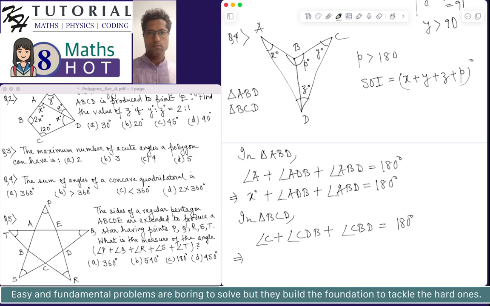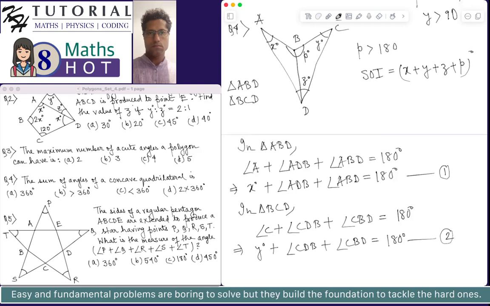This implies angle C, which we have labeled as y degree, plus angle CDB plus angle CBD is equal to 180 degree. Consider this result to be 1 and this result to be 2.